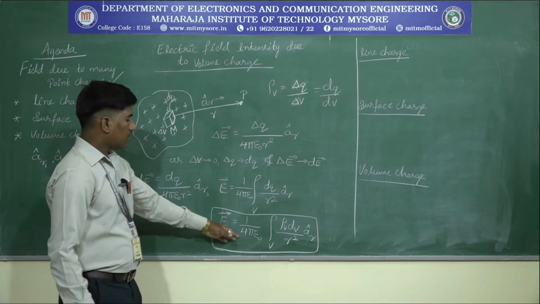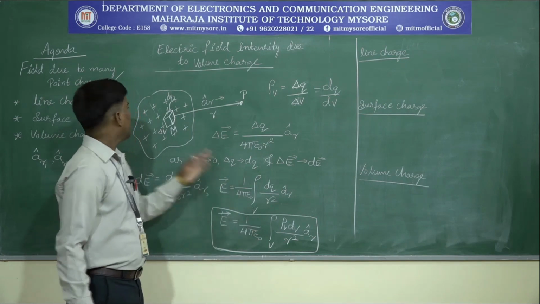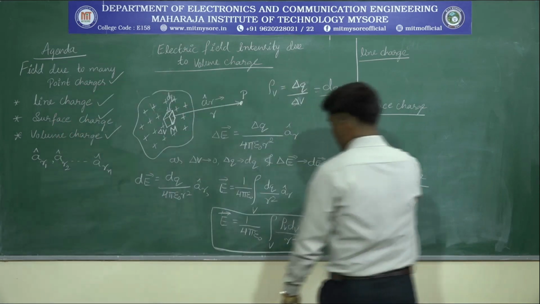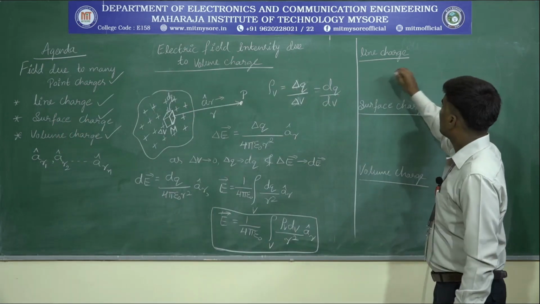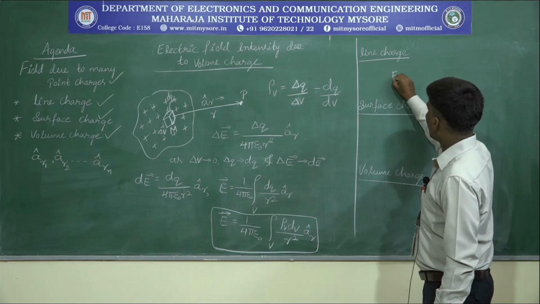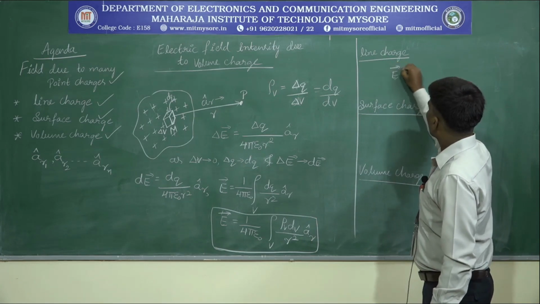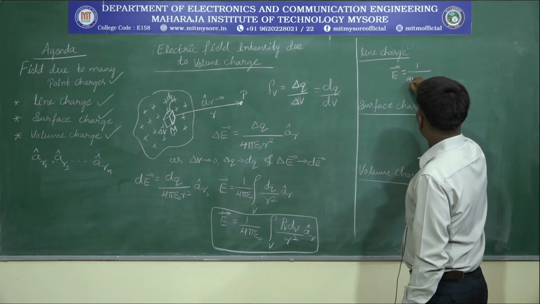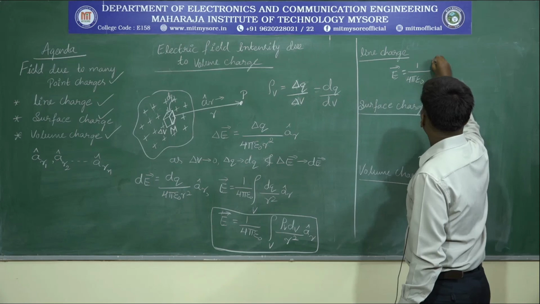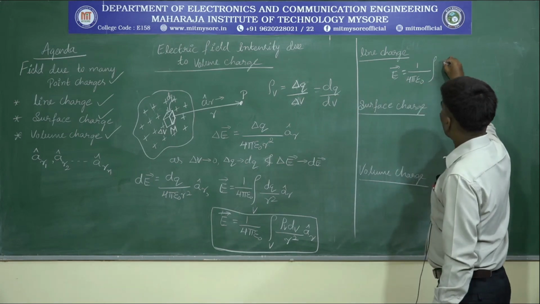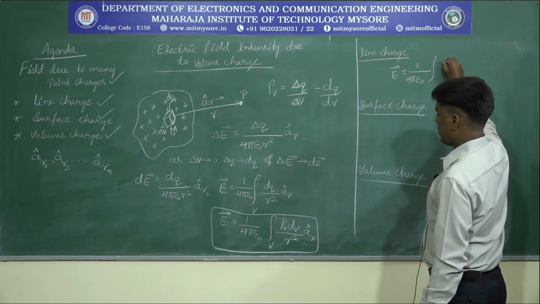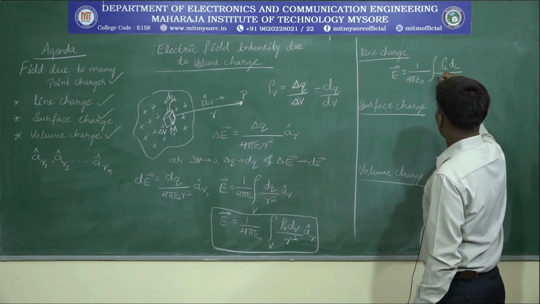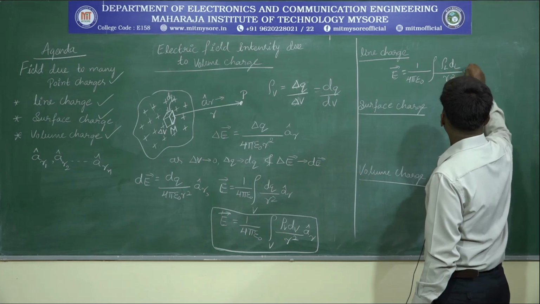But now we need to consider one more factor in all three topics: line charge, surface charge and volume charge. Let us recall the equations for all the charge distributions. E is equal to 1 by 4 pi epsilon naught into the integration of rho L into dl divided by r square into a cap r.